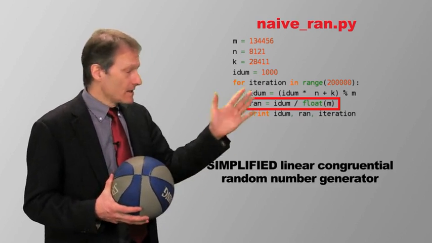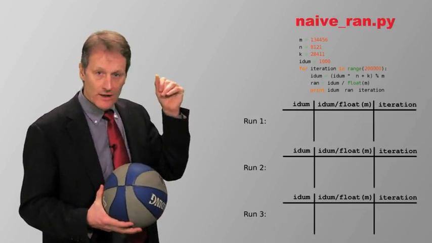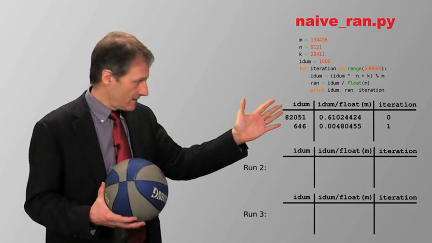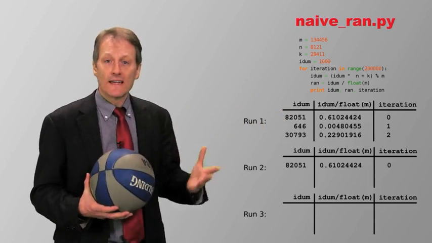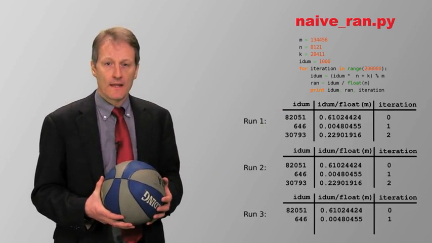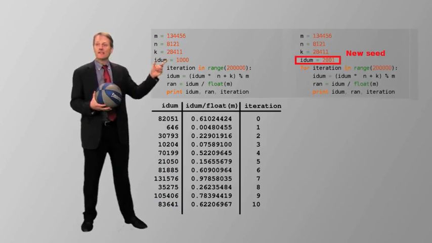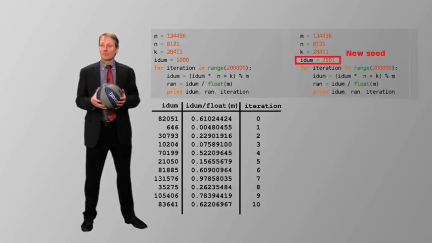Of course, this program is deterministic, and if we run it several times, we will obtain exactly the same output. Now, we can set the initial seed equal, for example, to the system time.